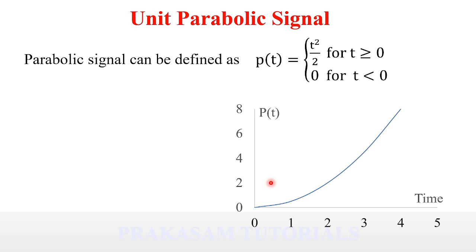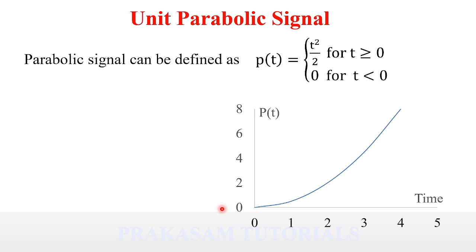The unit parabolic signal starts at time t is equal to 0. The unit parabolic function can be represented in two forms: continuous time unit parabolic signal and discrete time unit parabolic signal.